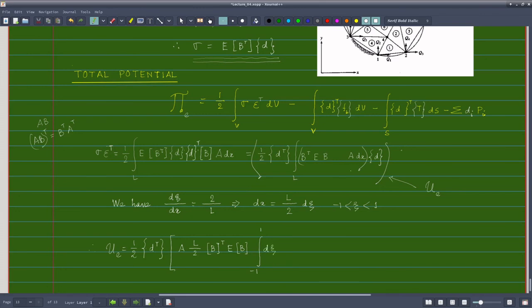I have expressed dx equal to L by 2 d xi, and this whole thing is multiplied by d again.